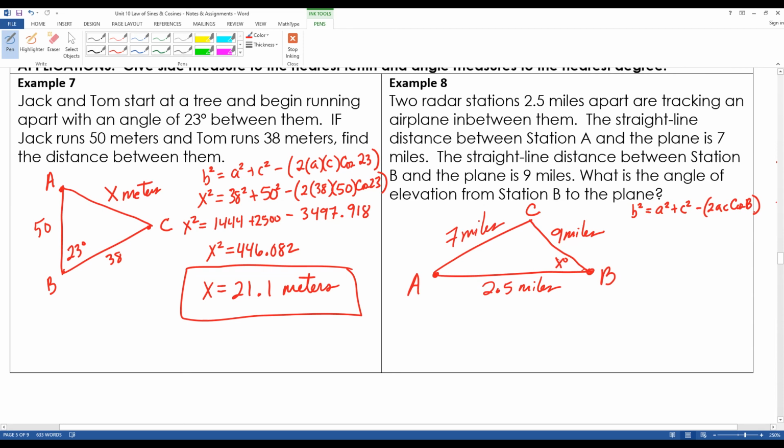So what is B? B is 7. So 7 squared equals A is 9, 9 squared, plus C, which is 2.5 squared, minus 2 times 9 times 2.5 times the cosine B.